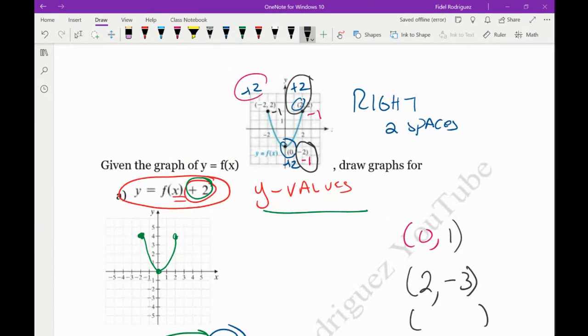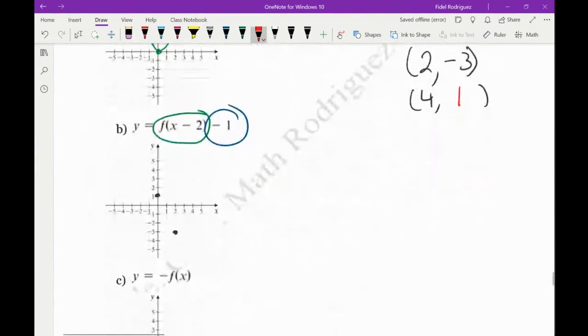Right here, 2 plus 2 is going to give me 4. And then finally, let's see, 2 minus 1? 1. So 4, 1 is right here. Boom. There's our graph. And all I'm doing, y'all, is just doing one piece at a time, right? One piece at a time.